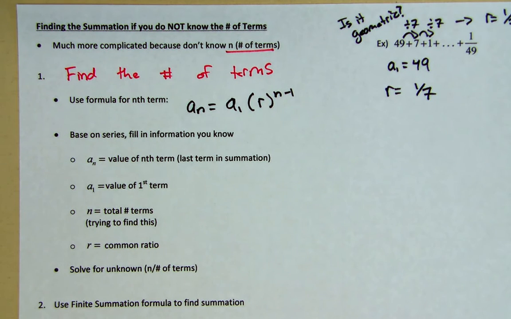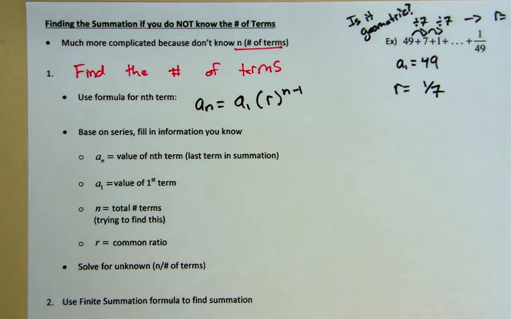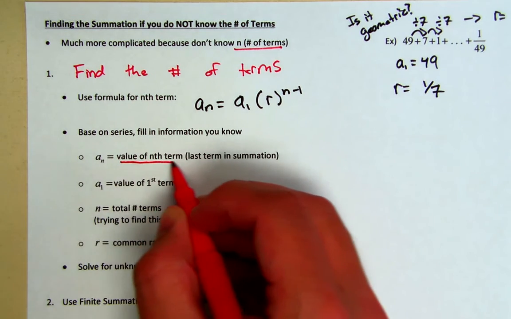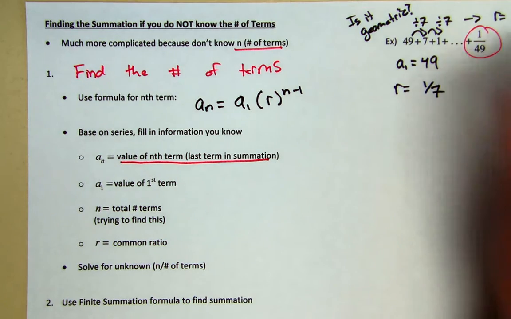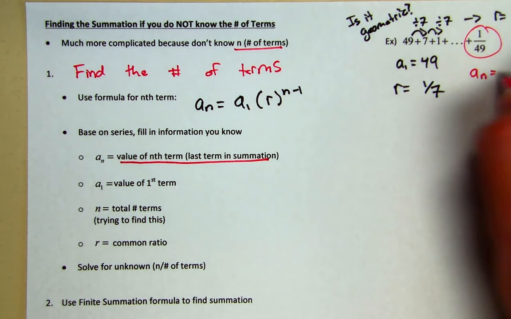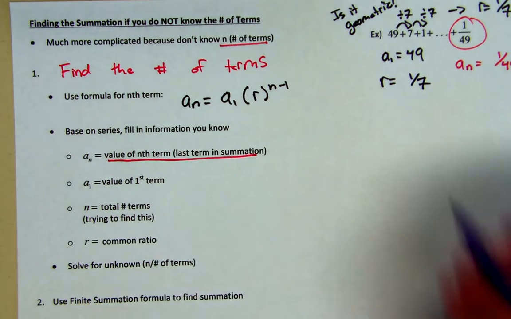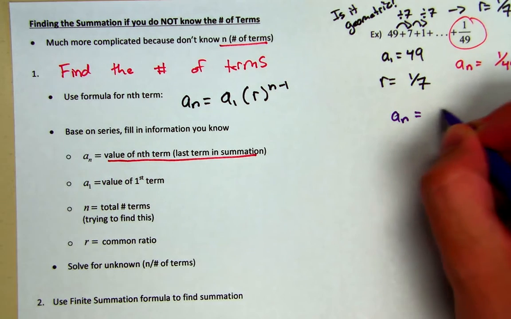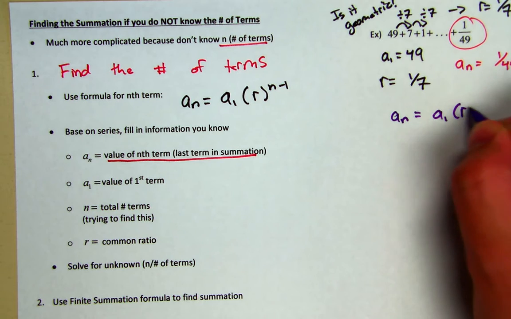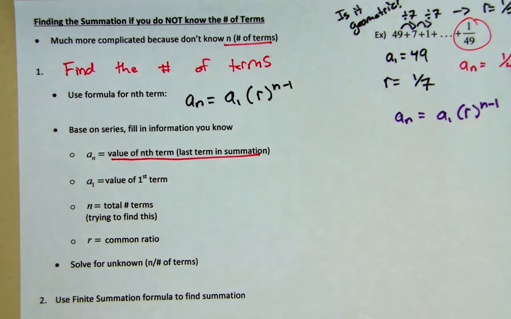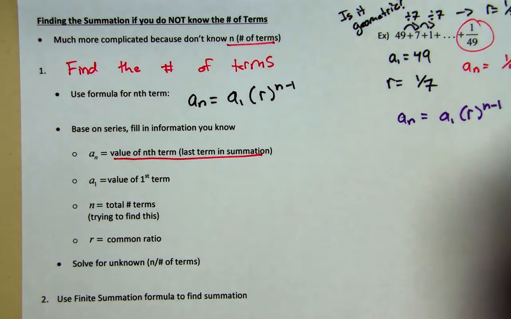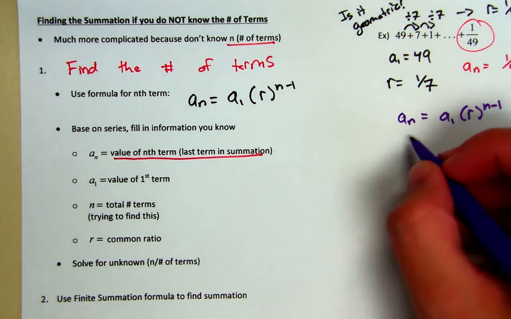Well, now, based on this, I have to figure out what else I know. Do I know an, the value of the last term? I do. An is 1 over 49. So let's use that formula. An equals a1 r to the n minus 1. Well, an is going to be 1 over 49.